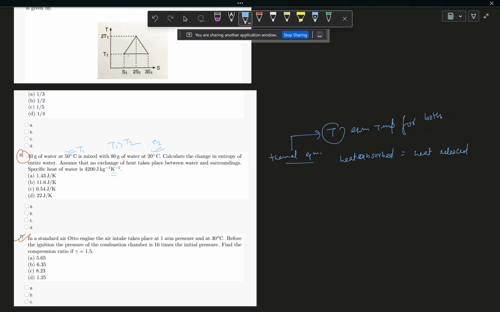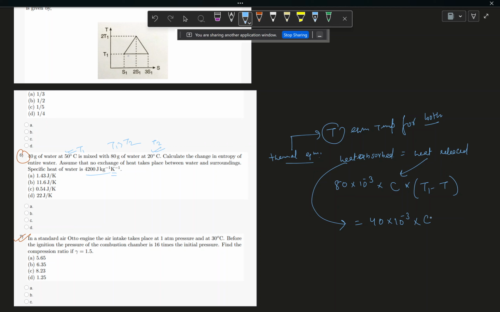So the heat absorbed by the cold water is, the mass is 80 gram, which has to be kept unit-consistent, so 80 times 10 to the power minus 3 kg is the mass, into C, the specific heat of water given in joule per kg Kelvin, into the temperature change, which for the hot body is T1 minus T. Then the heat released part is the 40 gram of water, 40 times 10 to the power minus 3 kg.